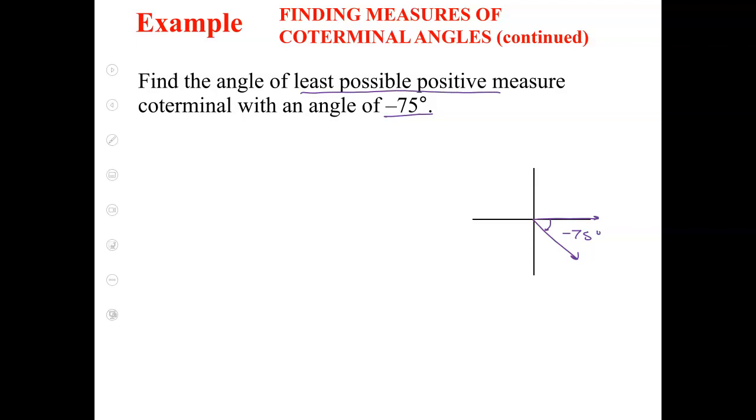So if I have negative 75 degrees and I want the positive angle, what do I need to do with 360? I need to add it, because I need to get from a negative angle to a positive one. So negative 75 degrees plus 360 degrees.